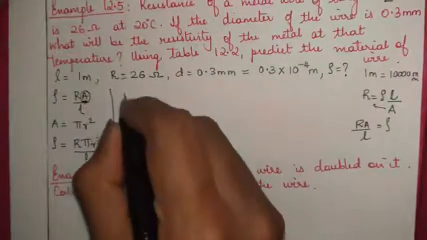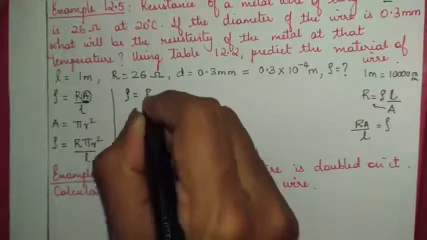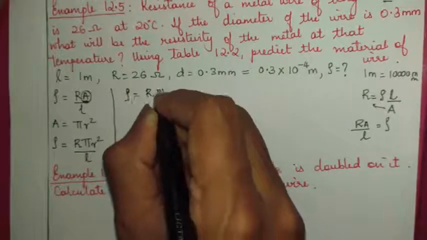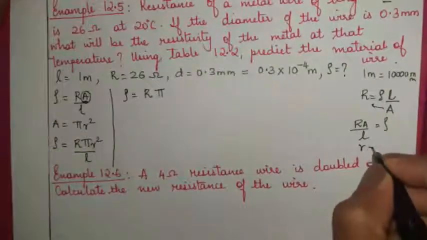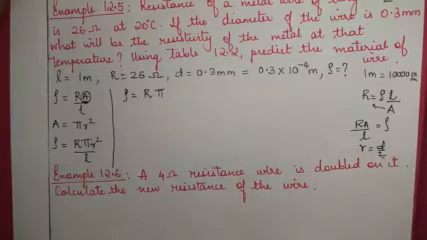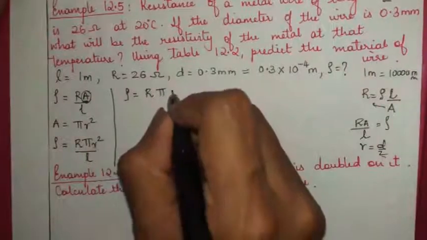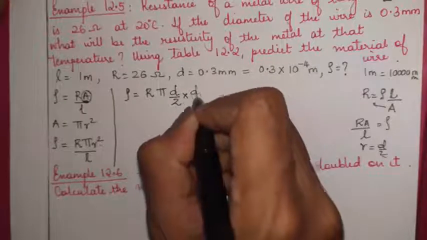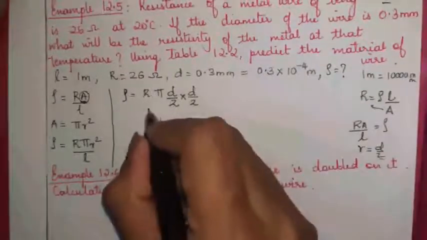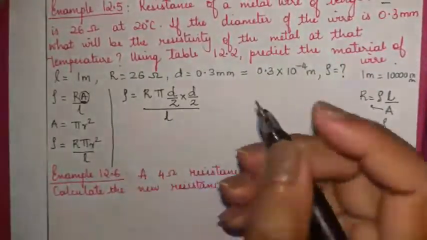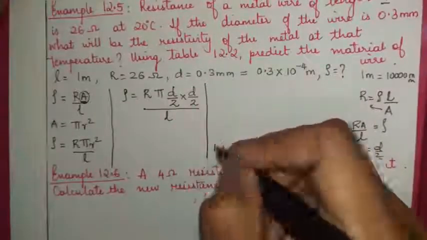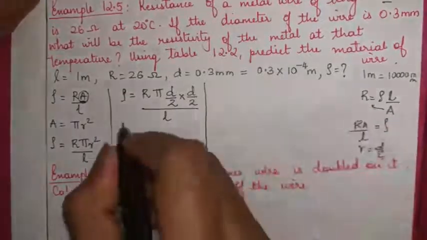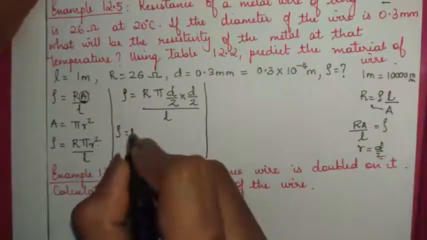So we can say rho is equal to R, capital R is resistance, pi, and now instead of r, r will become d upon 2, and since it is squared, we write d upon 2 twice, and this whole thing upon L. Let us simplify.